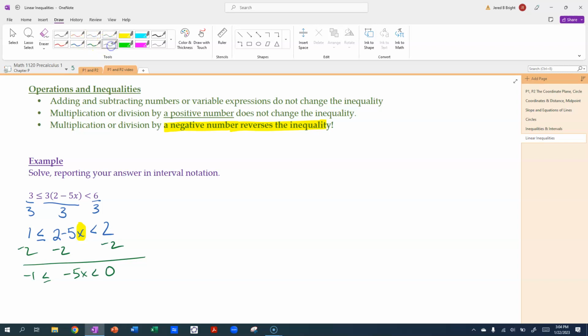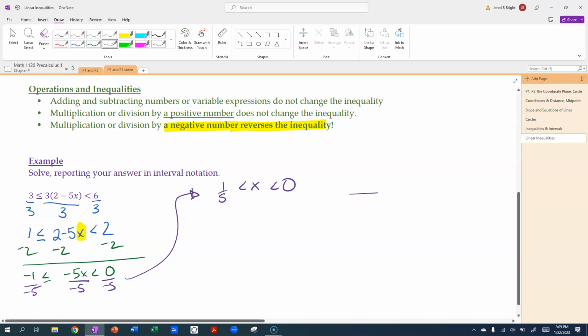The last step here would be to divide by negative 5 to isolate x. So negative 1 divided by negative 5 would be 1/5 is less than x is less than 0. Yes, I messed up, but I want to show you something. Does this even make sense?